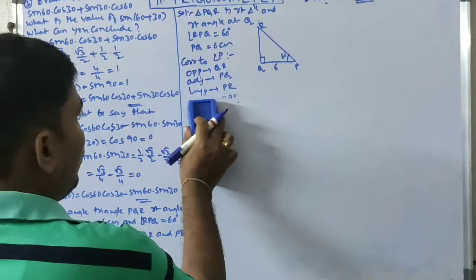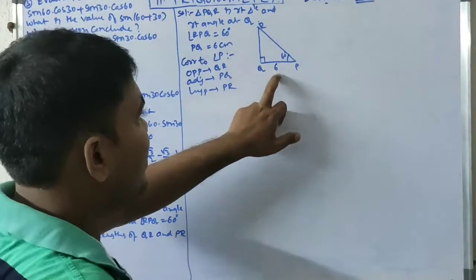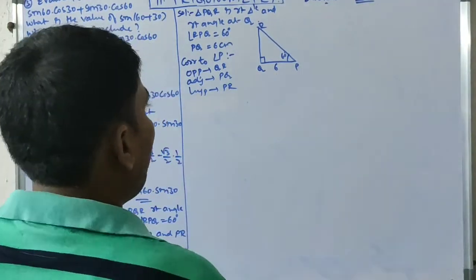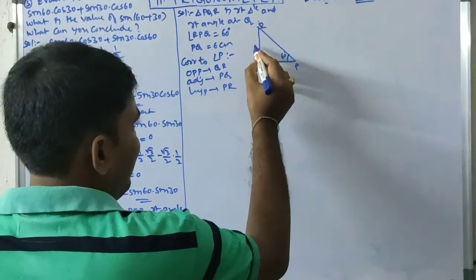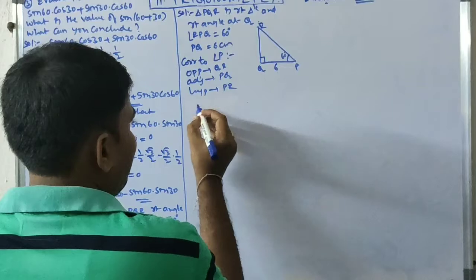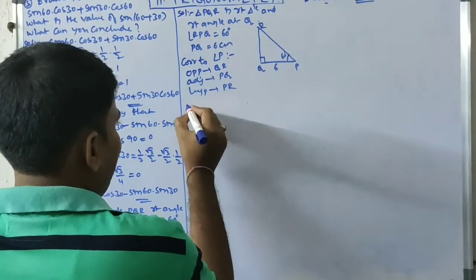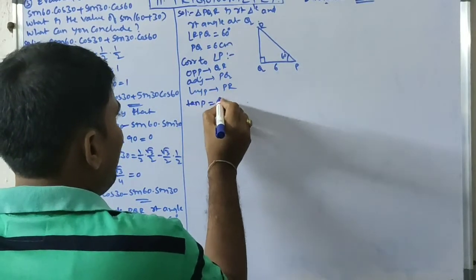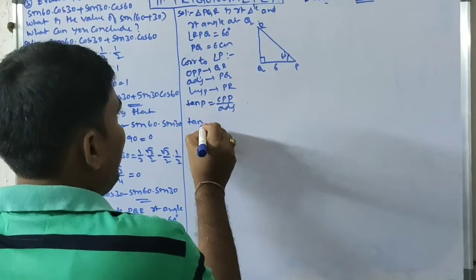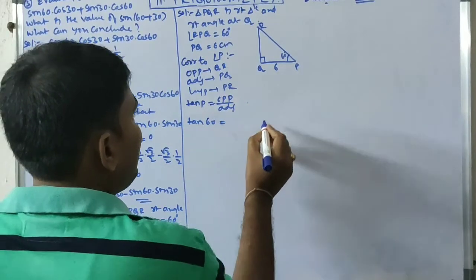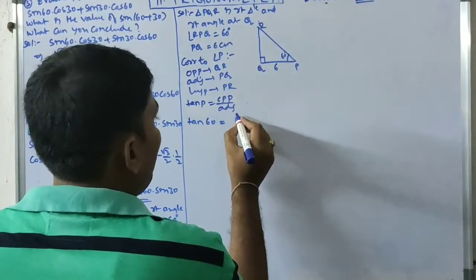So we use the opposite and adjacent relation: tan P equals opposite by adjacent. What is opposite? QR.